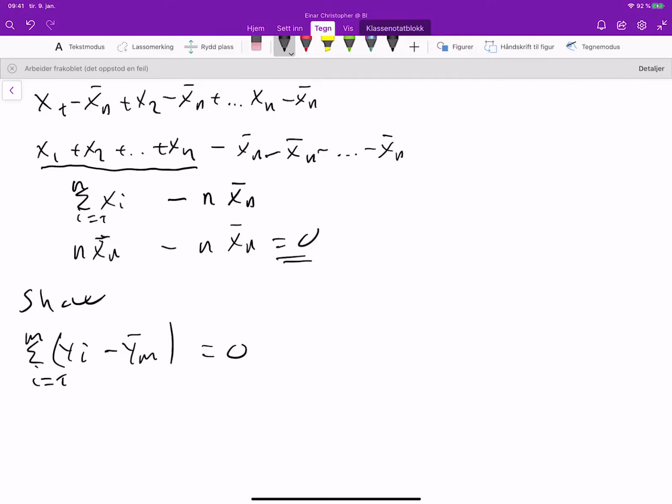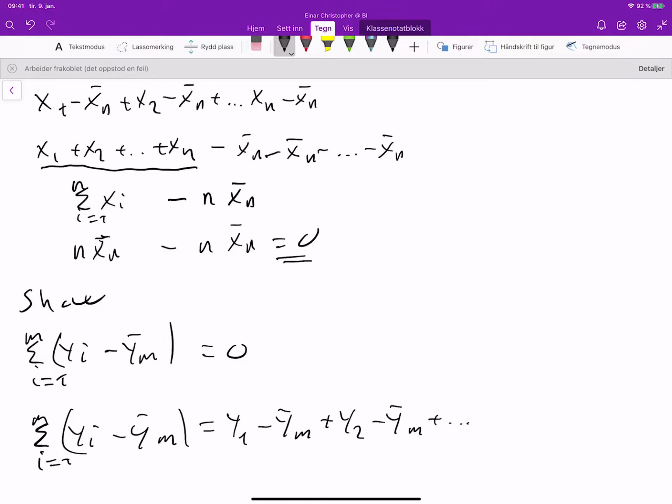So then we just write out the sum. We have the sum i equal 1 to m yi minus y bar m. That's equal y1 minus y bar m plus y2 minus y bar m plus dot dot dot plus ym minus y bar m.